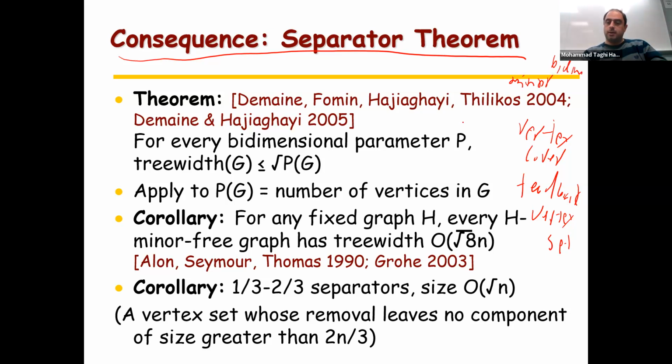And two other parameters, for example, dominating sets and the diameter of the graph. These were contraction bidimensional.